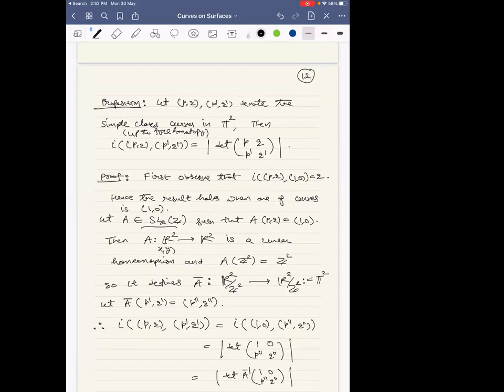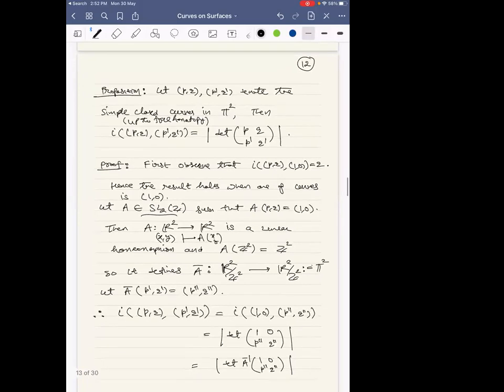So if I take (x, y), this is simply A applied to (x, y). So this is a linear homeomorphism, and it is an element of SL2Z, so it will preserve your lattice Z2. So it induces a map at the level of the quotient, R2 mod Z2 to R2 mod Z2, which is our torus.